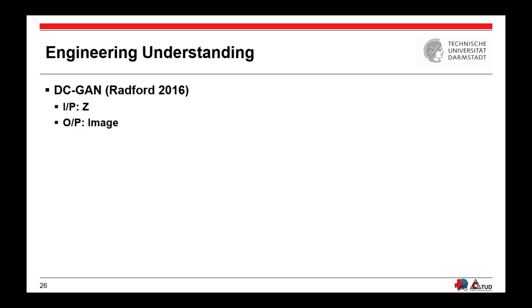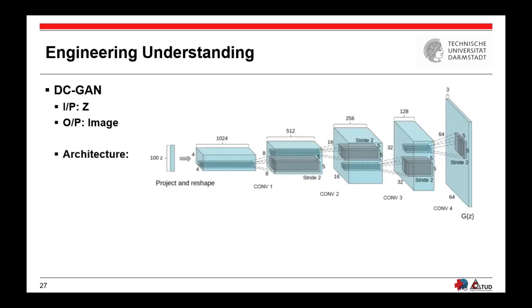And if you look at this, the input is basically Z. So you give a random vector of whatever dimension, and then you get images as output. That's what it is. Now, if you look at the architecture, this is the architecture of the generator. It basically takes as input a 100-dimensional Z vector, and it gives as output a 64 by 64 by 3 image.